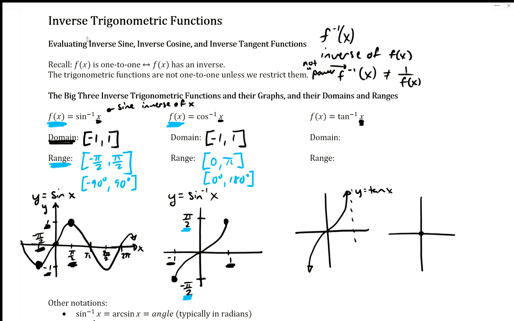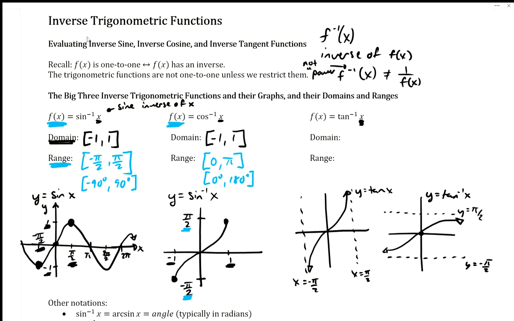Remember, these are where the asymptotes are: x equals pi halves and x equals -pi halves. If we take the inverse, those become horizontal asymptotes, like such. And then it turns into something like this. So this is the tangent inverse graph, just switching our x's and y's. I just focused on the asymptotes to get this new inverse function graph.